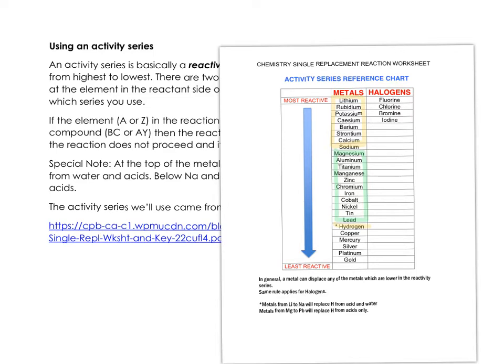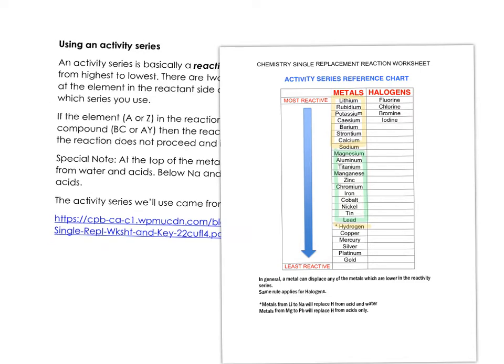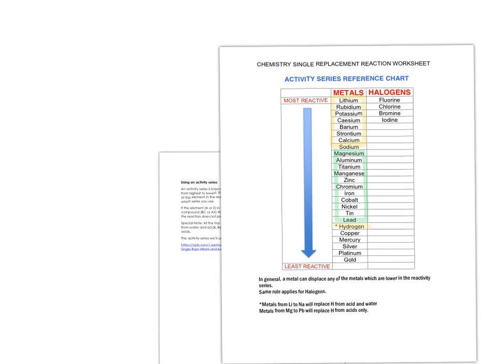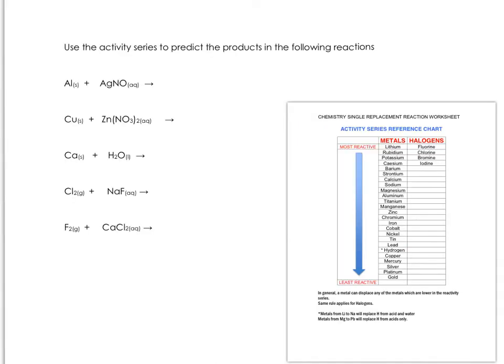So the yellow highlighted ones can react or bump out hydrogen in water or an acid, and magnesium to lead will bump out only hydrogen in an acid formula.